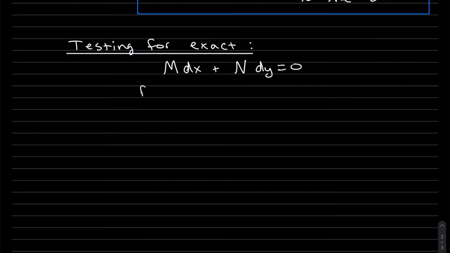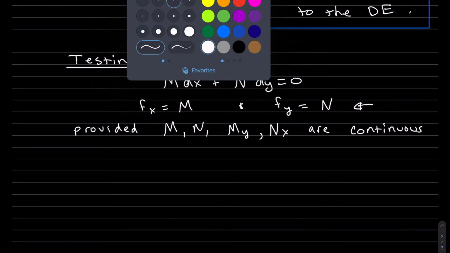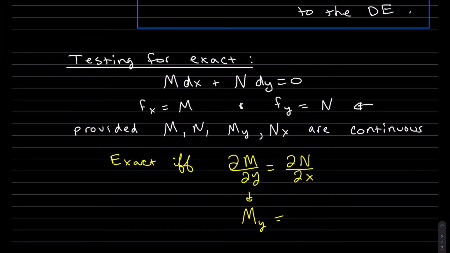We're going to let f_x equal M, like above, and f_y equal N, and using the same substitution as above, provided M, N, the partial of M in terms of y, and the partial of N in terms of x are all continuous, the theorem above says it's exact if and only if the partial of M in terms of y is equal to the partial of N in terms of x.